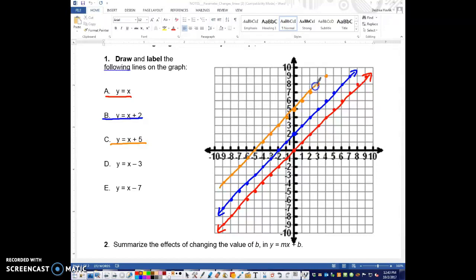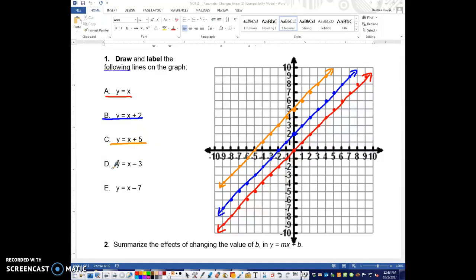Connect your dots. Okay, so how did this change from the original? It moved up 5. But how did the orange line change from the blue line? It moved up 3, because 2 plus 3 will give you 5.